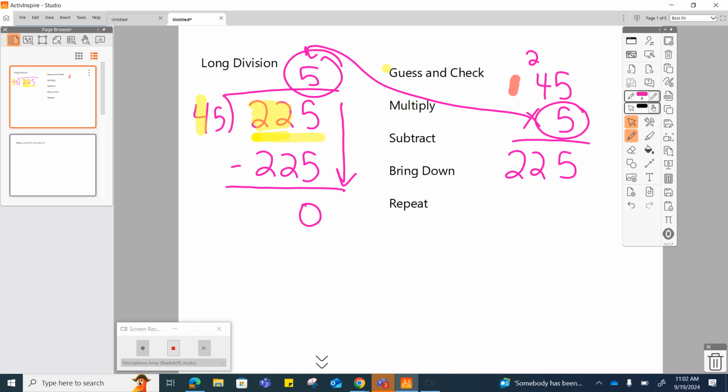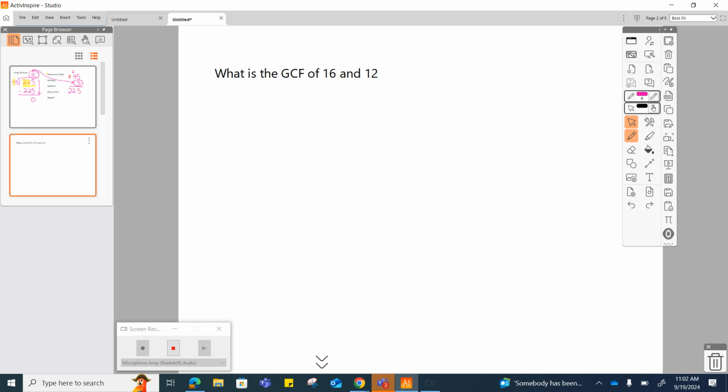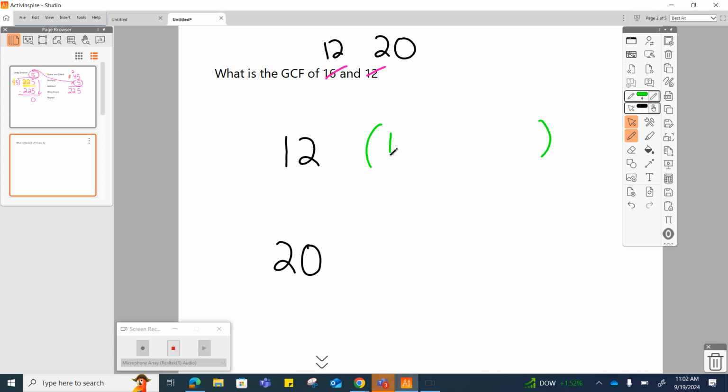Next one, what is the GCF of 12 and 20? So, things that multiply together to get 12. 1 times 12 is 12.